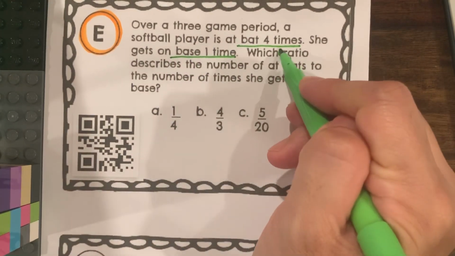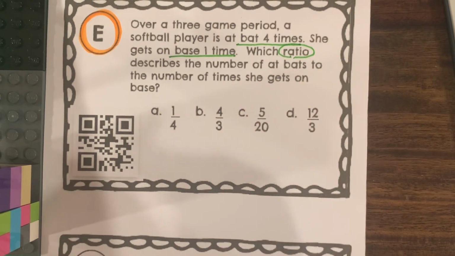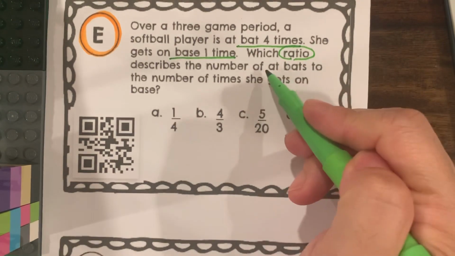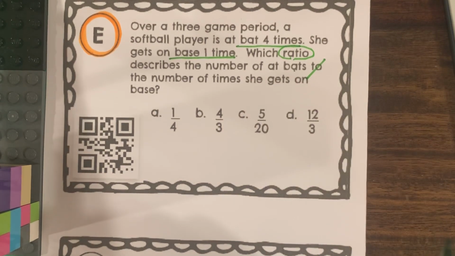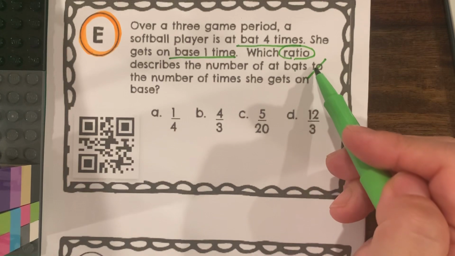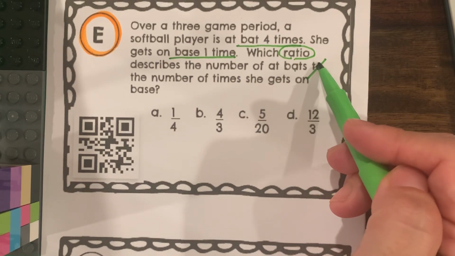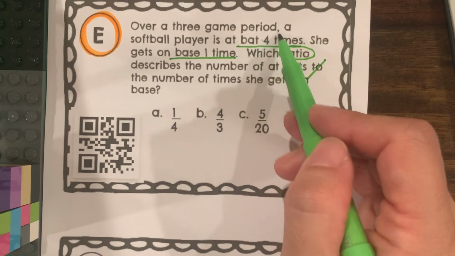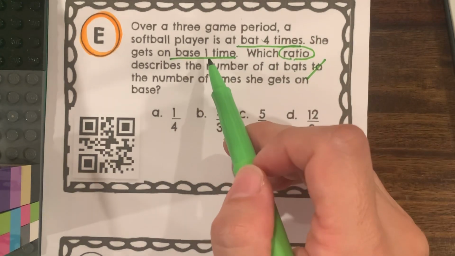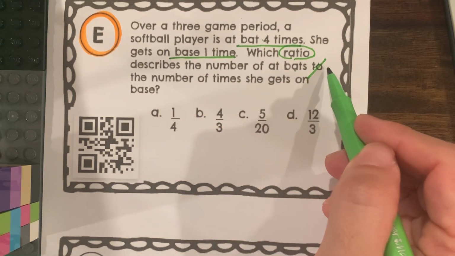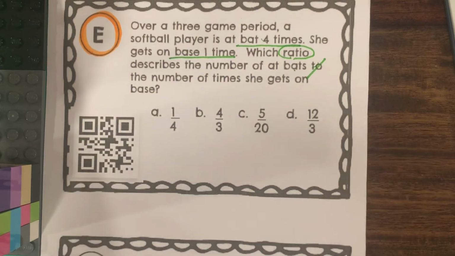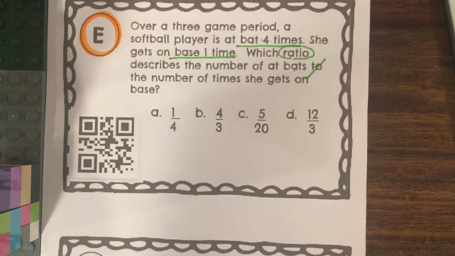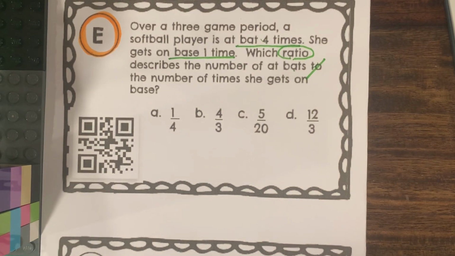Which ratio describes the number of at-bats to the number of times she gets on base? So the number of at-bats goes on top, the number of times on base on the bottom, and that order is important. I hope you guys can figure out the correct ratio. That's all I'm going to say for that problem.